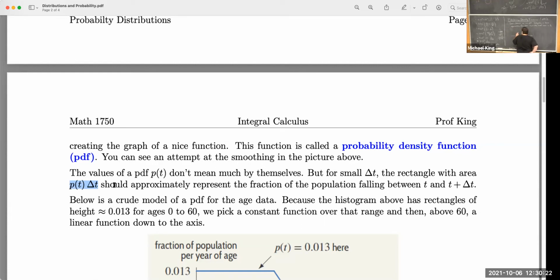So I can imagine with heights, it would look more like this or something, right? You'd have this distribution of heights more like that. And yeah, the total area underneath is 1.